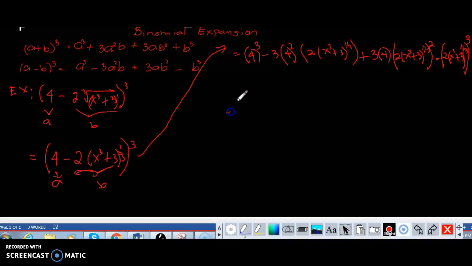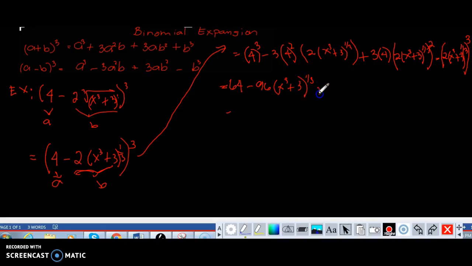Now let's simplify. 4 cubed is 64 minus. Let's be careful here. 4 squared is 16 times 3 is 48 times 2, so that's going to be 96. And this one here, we just copy, x cubed plus 3 to the power of 1/3.